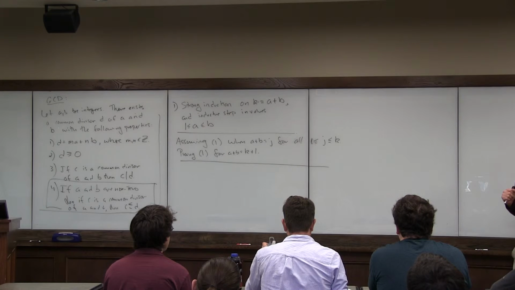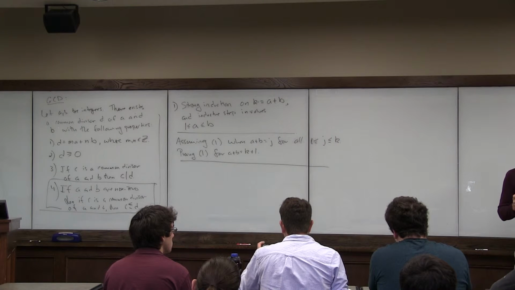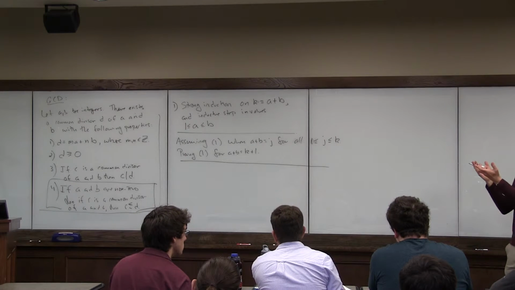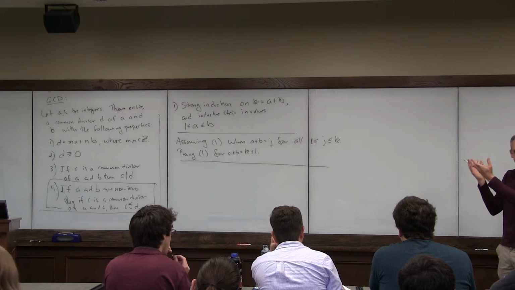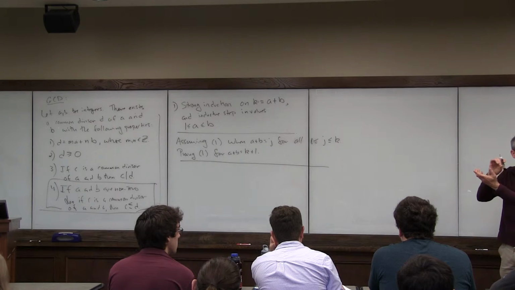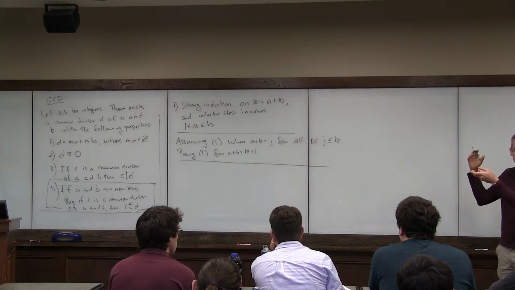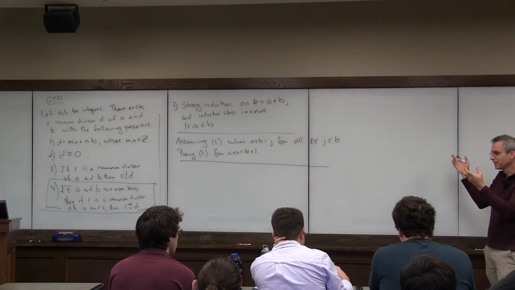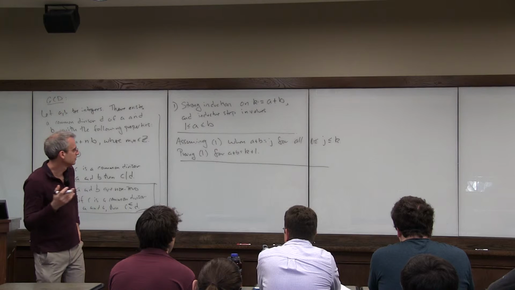And so the idea is that you know all these things by now about how divisibility works. The most important one being that if you have a common divisor of two numbers, this is one of your homework exercises that I hope you've been working on by now, right? If you have a common divisor of two numbers, then that divisor also divides any linear combination of them, right? If D divides A and D divides B, then D divides AR plus BS, where R and S are integers, okay?